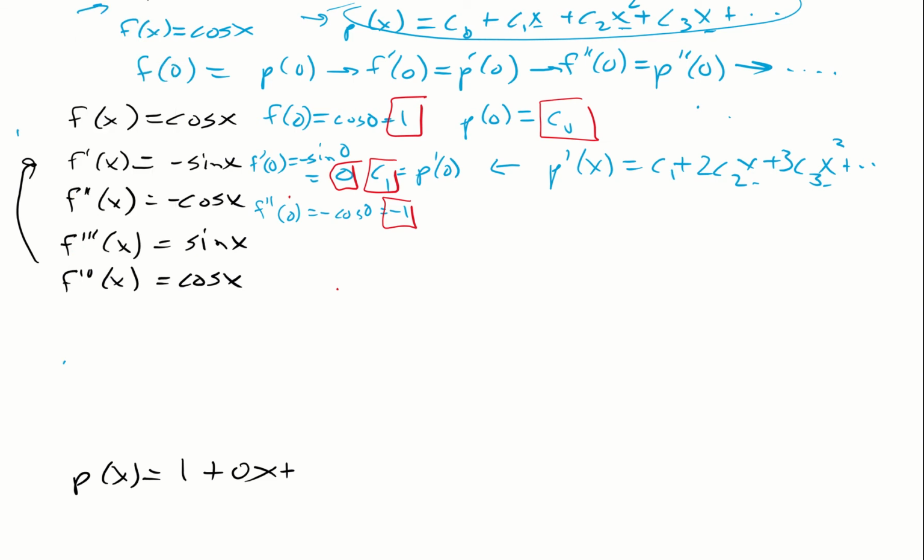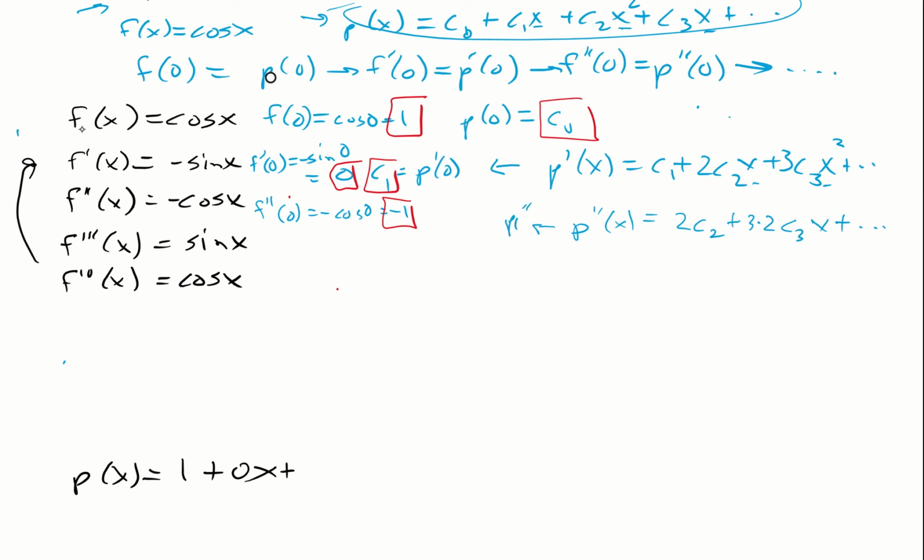It changes, because if we go p double prime of x, okay, we get the c1 disappears and we're left with 2c2. And watch this next one, plus, I'm going to write it in a funny way, 3 times 2c3x plus, and there's more.